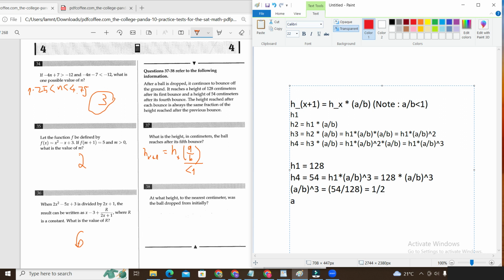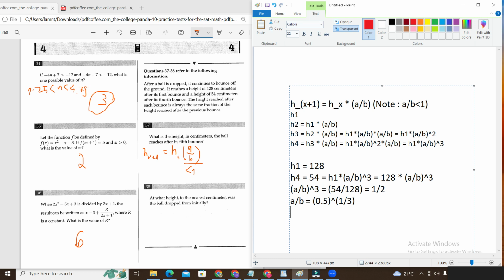So a over b is a half, or 0.5 to the power of 1/3. That's the value of a over b, and of course it's less than 1.